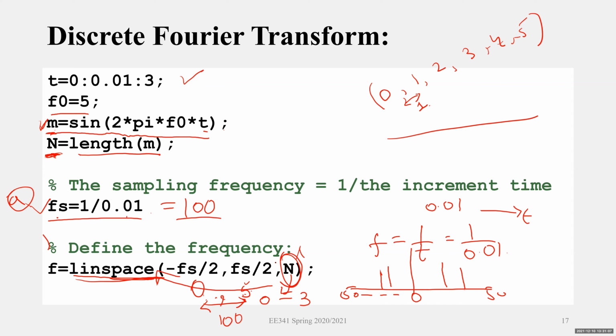But if I define the number of samples n here, then the increment will be equal to x2 minus x1 divided by n minus 1. So this is x2, this is x1, divided by n minus 1. This will give me the increment of these points. So this is important. This is the same as the colon operator you use for increment, but this will give you more control over your signal points.